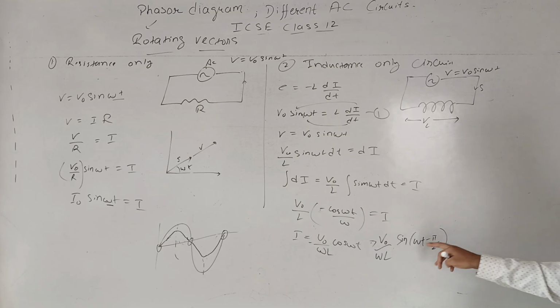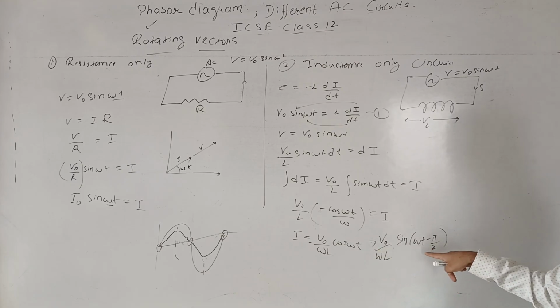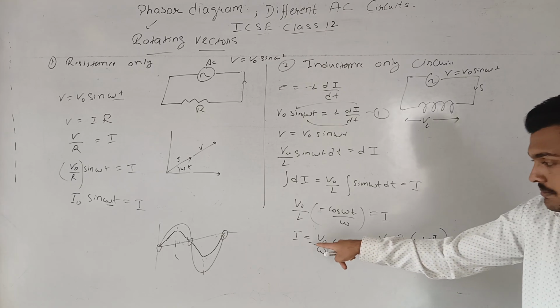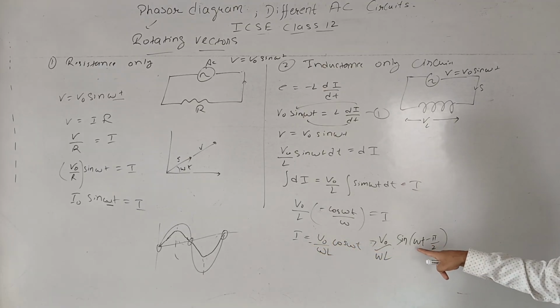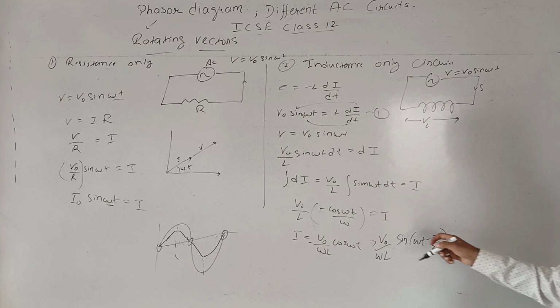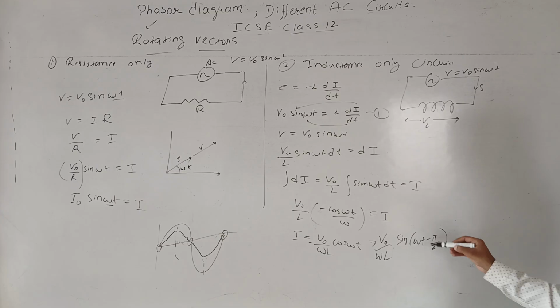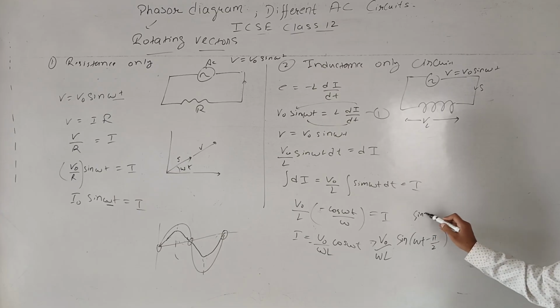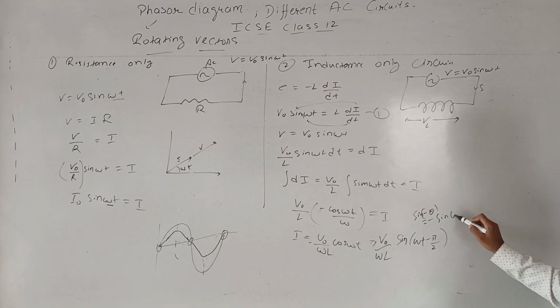omega t minus 90 degrees, or minus pi by 2. Why? Because sin of 90 minus theta is cos theta. But because there is a minus sign outside, this is not sin 90 minus theta, this is sin theta minus 90, because we have taken the negative sign inside. We know sin of minus theta is equal to minus sin theta.